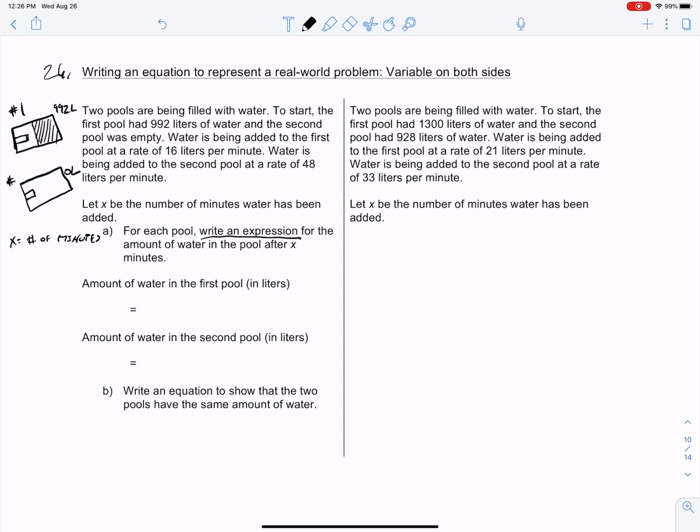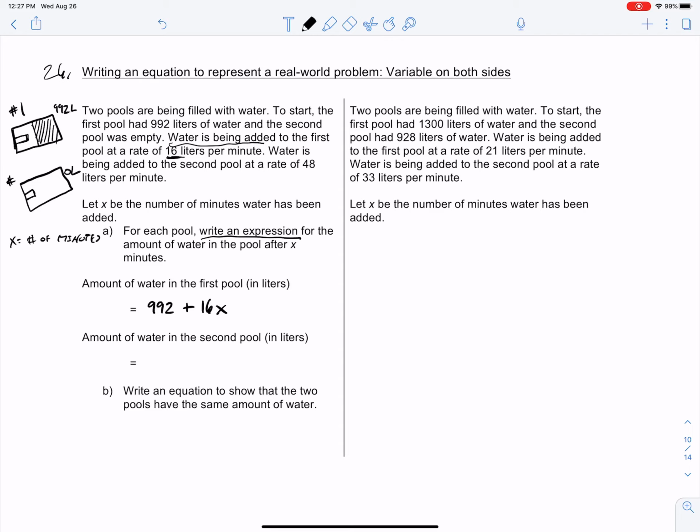Amount of water in the first pool. So I know that there's an equal sign here, but for the sake of this, it's going to help you with part B. But how many liters of water did I start off with in pool number 1? I started off with 992 liters of water, plus it's saying water is being added to the first pool at a rate of 16 liters per minute. 16, and what do we use the variable for in number of minutes?